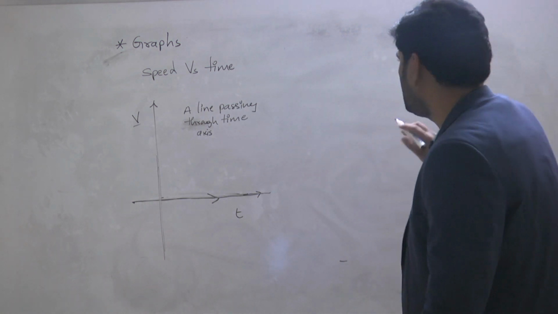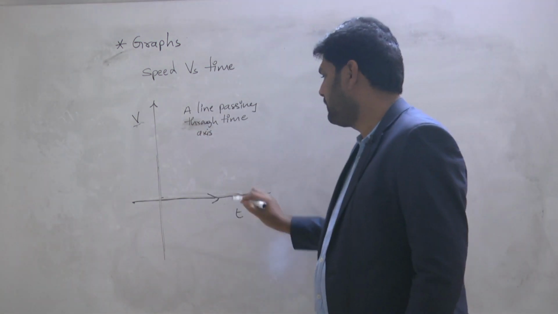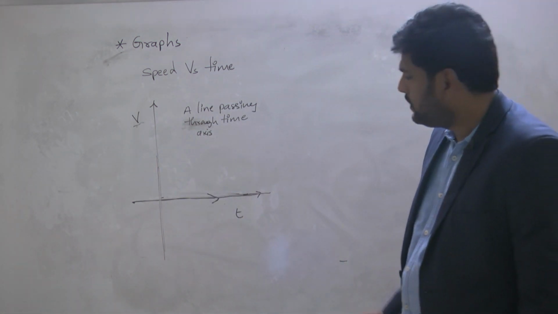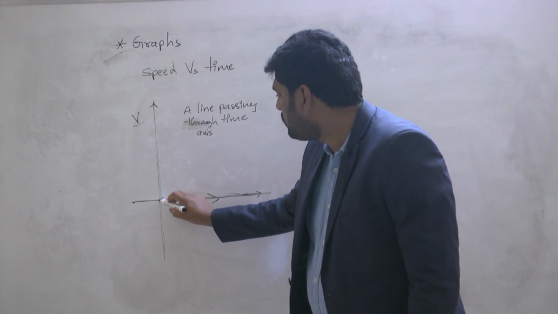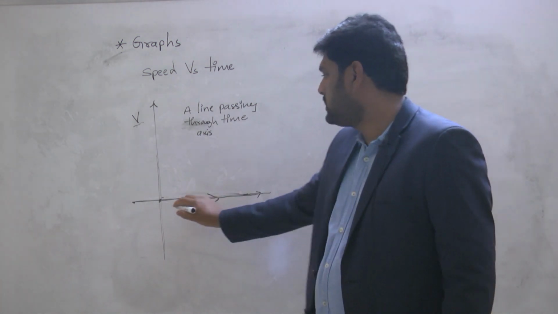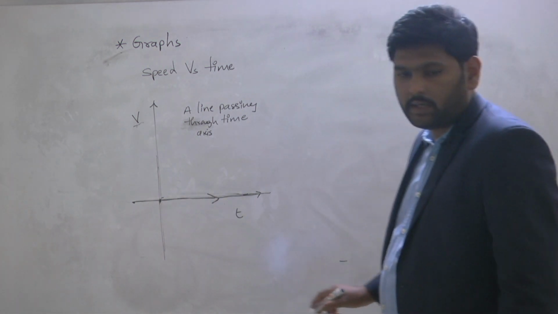Say, for example, this is speed versus time. Any line passing through the time axis represents what?